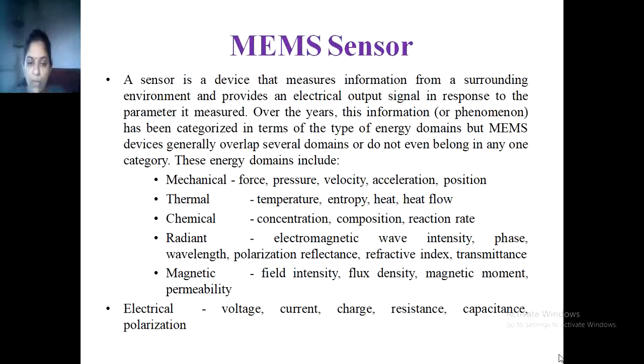These energy domains include mechanical, that is force, pressure, velocity, acceleration, position; then thermal energy: temperature, entropy, heat flow; then chemical: concentration, composition, reaction rate; and then radiant: electromagnetic wave intensity, phase, wavelength, polarization, reflectance, refractive index, transmittance; and in a magnetic field: field intensity, flux density, magnetic moment, permeability.